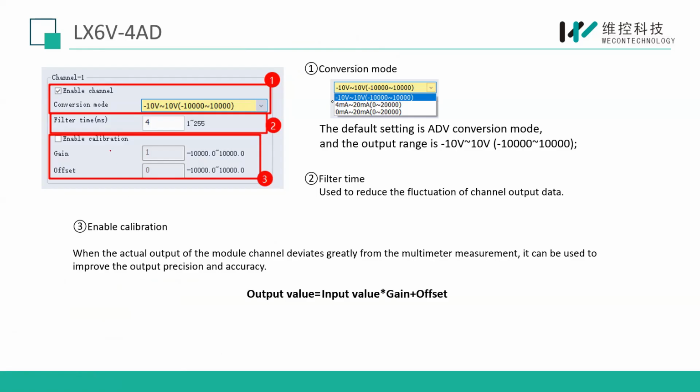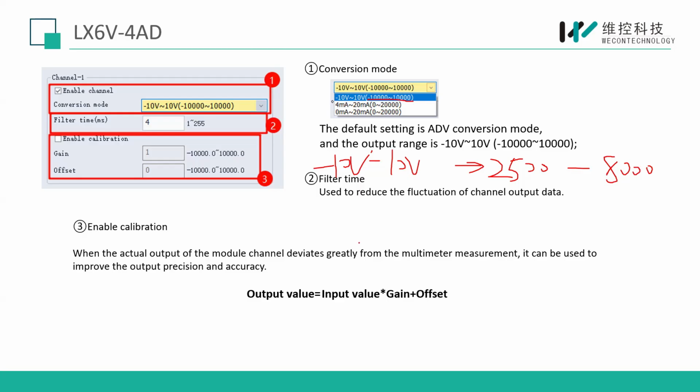And the final one is about the calibration. Sometimes customers maybe don't need -10,000 to 10,000. Maybe they need such as -10 to 10 to be mapped to -24,000 to 24,000, or 8,000.